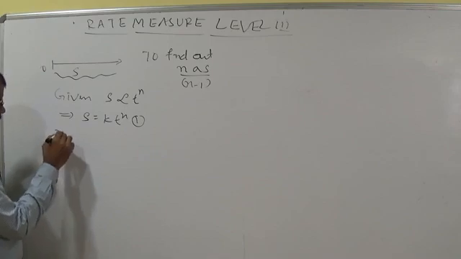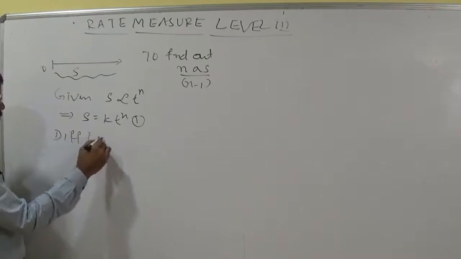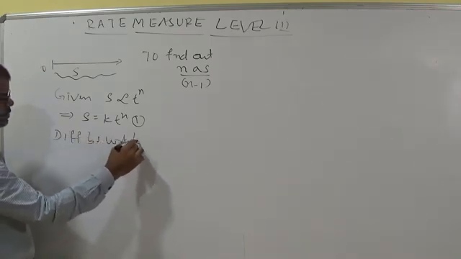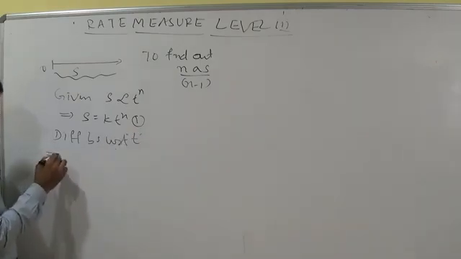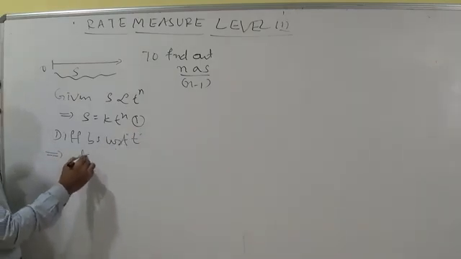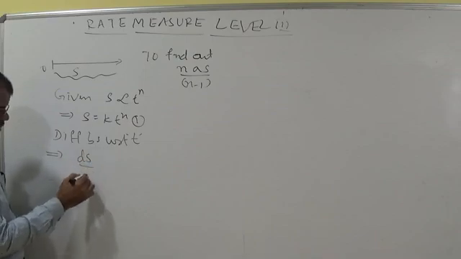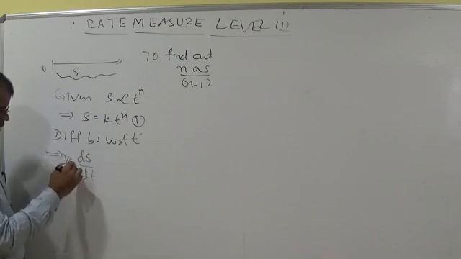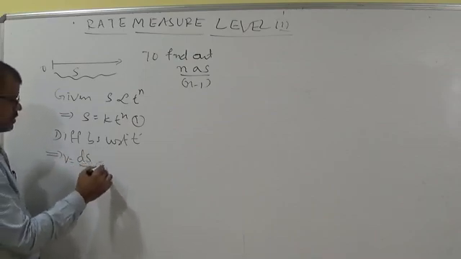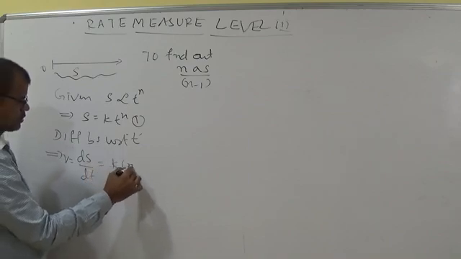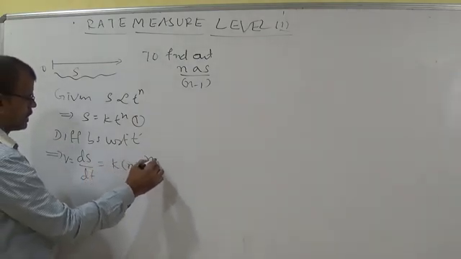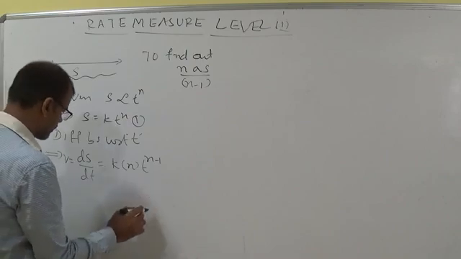Now we will differentiate both sides with respect to time. The rate of change of displacement, ds by dt, is indicated with the letter v. So ds by dt is equal to k into n into t power n minus 1.